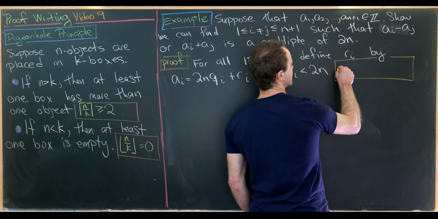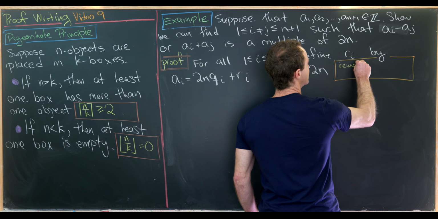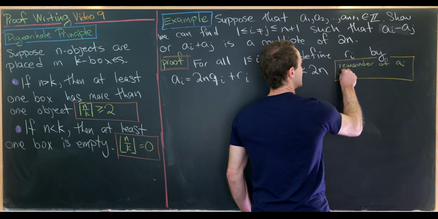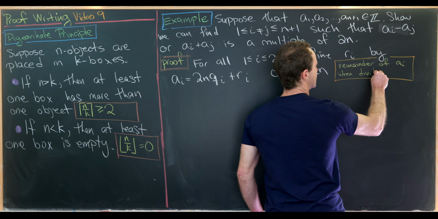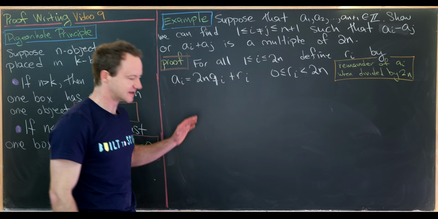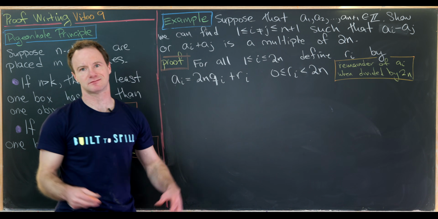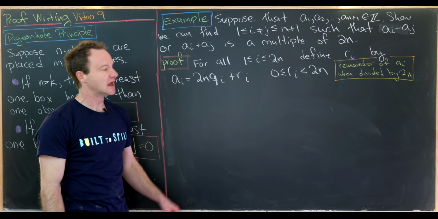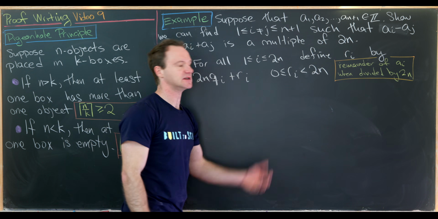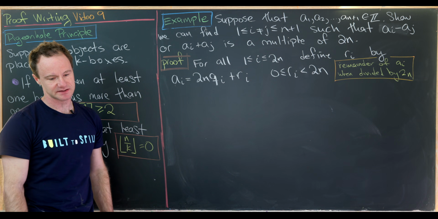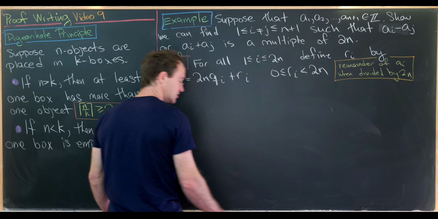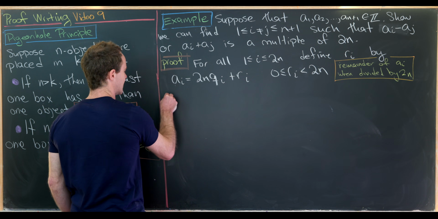So let's just point out here, these are the remainders of the ai when divided by 2n. So what's nice about this is it takes a set of integers that can be really of any size, and it restricts them down to a set of integers between 0 and 2n. So that's pretty nice. Okay, so now we're going to look at 2 cases, 2 disjoint cases, I should say.